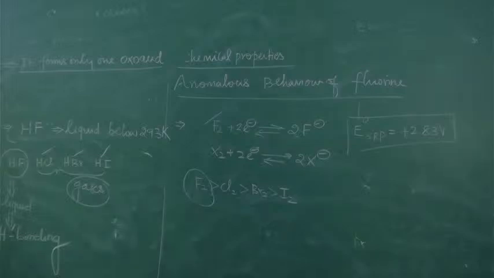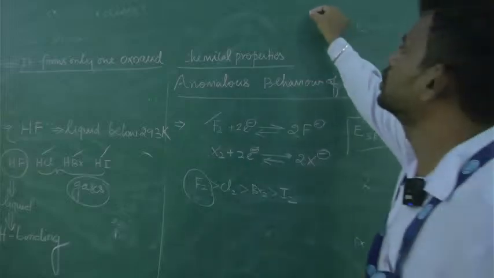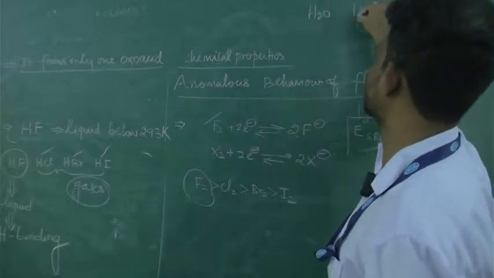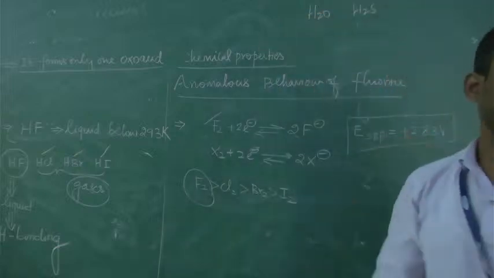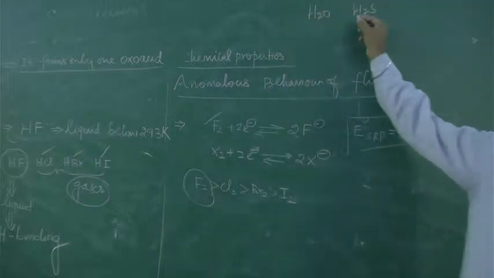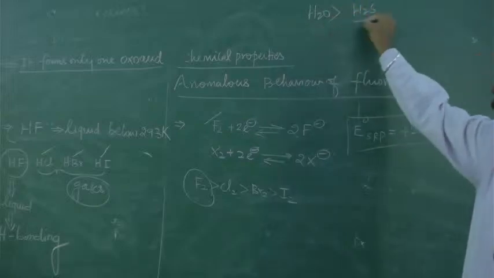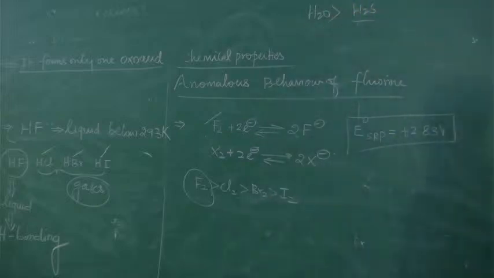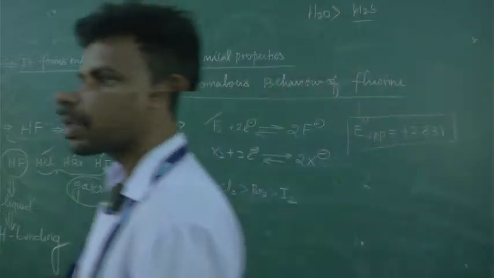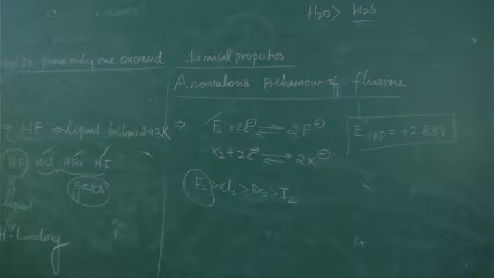Like in the case of H2O and H2S. இதுல எது லிக்விட், எது கேஸ்? H2O is going to be liquid, H2S is going to be gas. Is it clear? Similarly, in the case of HF is a liquid, the rest is going to be gas. இதெல்லாம் anomalous behavior. Is it clear? Next is going to be oxidation state.